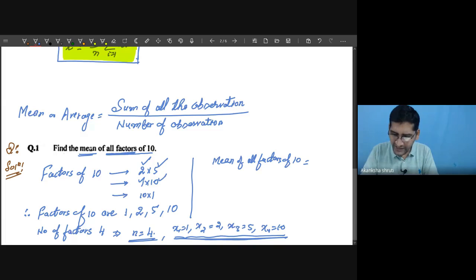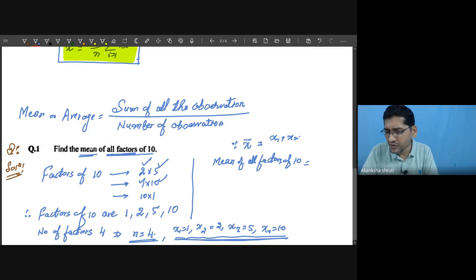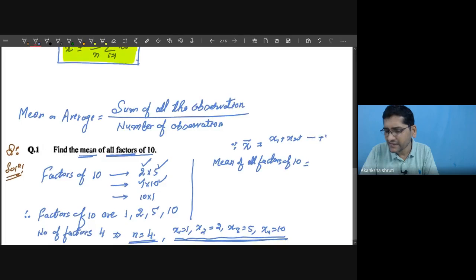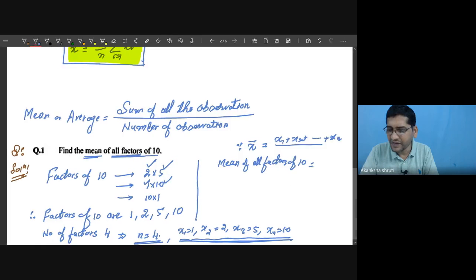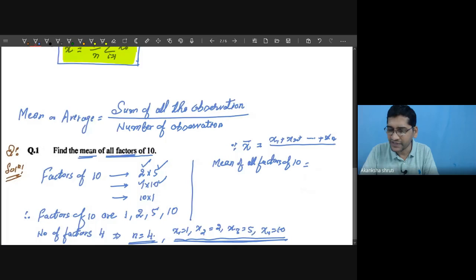You may write the formula first for the mean. x bar is x1 plus x2 going on to xn, divided by n. Whether you write it this way or in summation form, you will get the same thing.